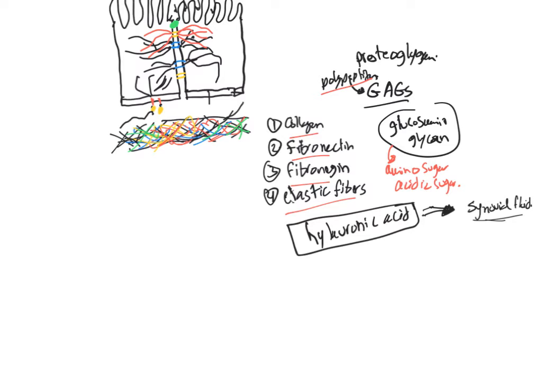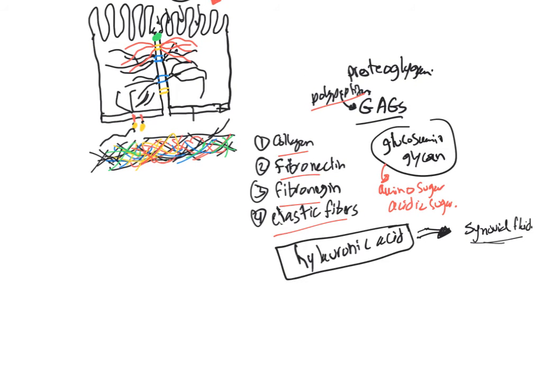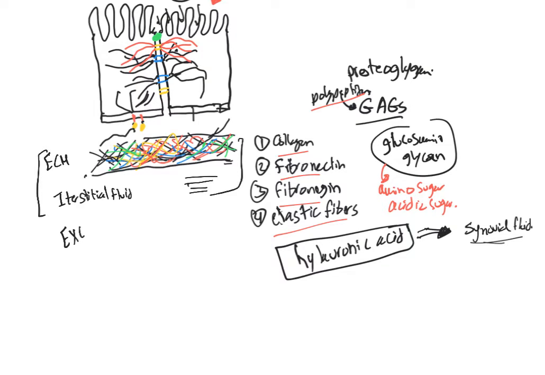So this is the extracellular matrix, and basically the whole thing here is the extracellular matrix combined with the interstitial fluid. This part right here is the interstitial fluid, and this is the extracellular matrix. Both of them together make up the extracellular fluid.